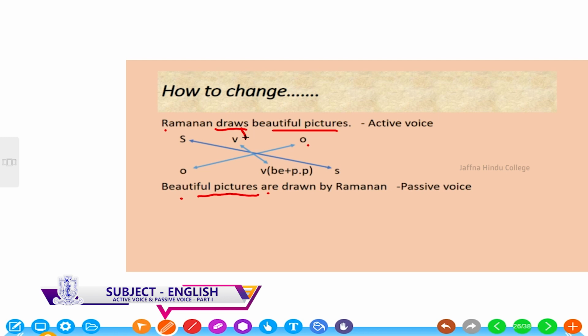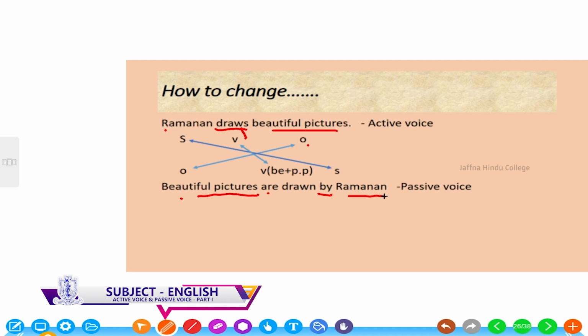So, the past participle of draw is drawn, and by Ramanan, the doer, is next by using by. So, in the passive voice, the focus is on the object and the action performed. What is the action performed here? Beautiful pictures are drawn. There is no importance for Ramanan.